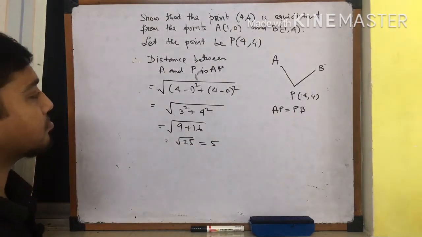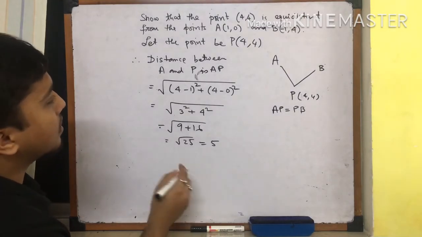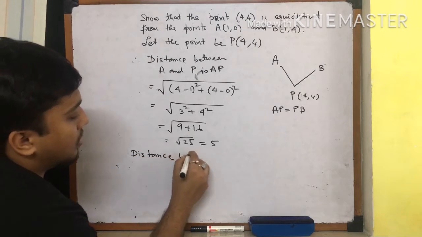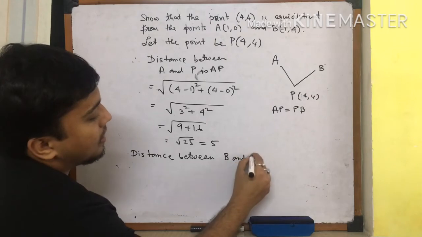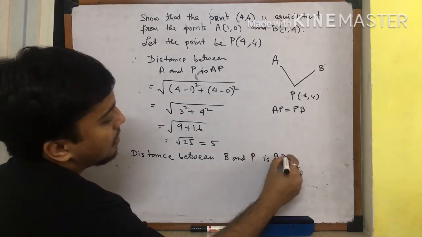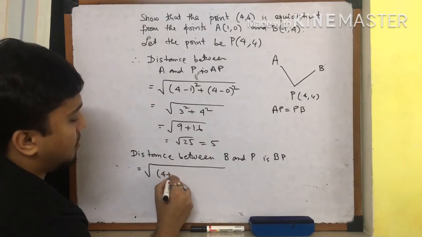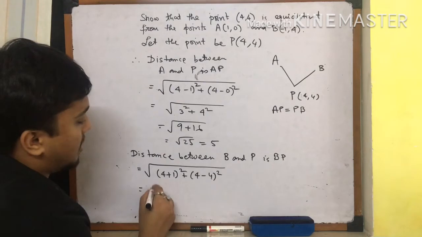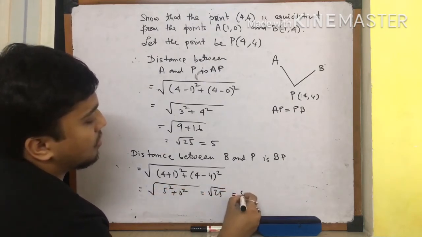Again, the distance between B and P, BP or PB, is root over (4 minus of minus 1) square plus (4 minus 4) square, that is 5 square plus 0 square, which is equal to root 25, which is equal to 5.